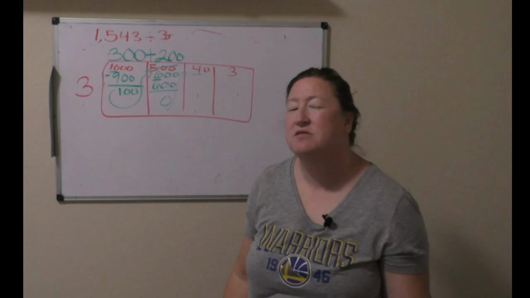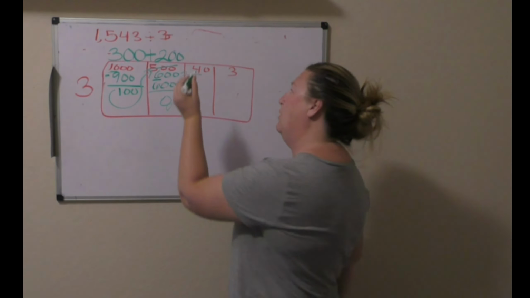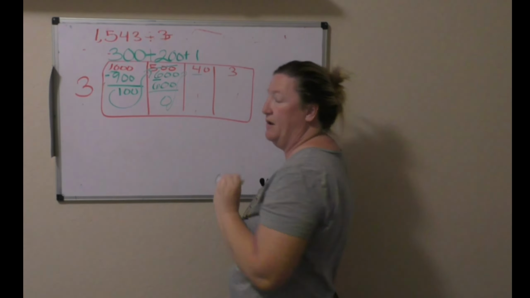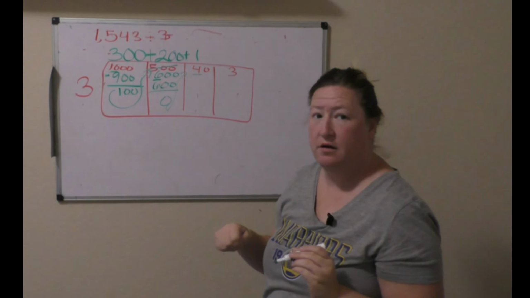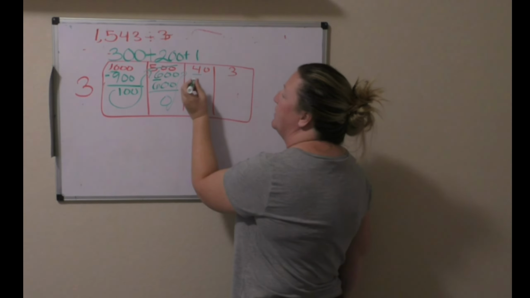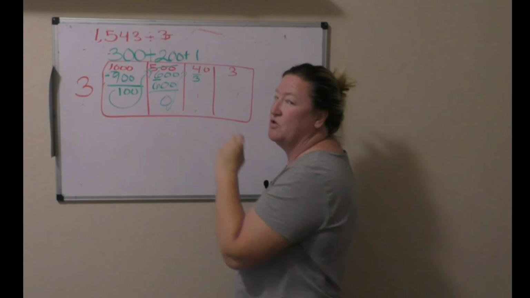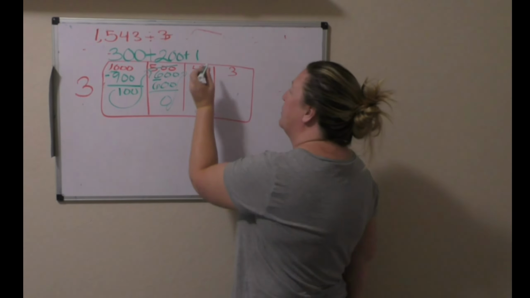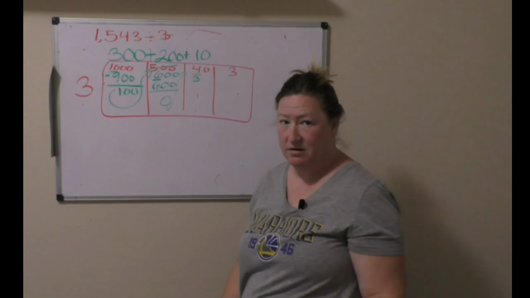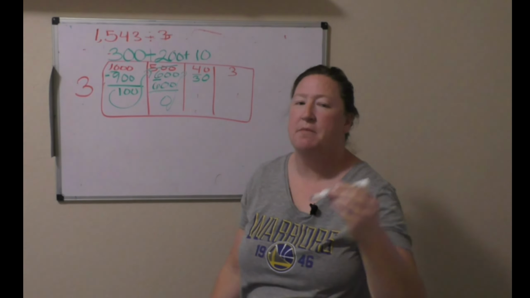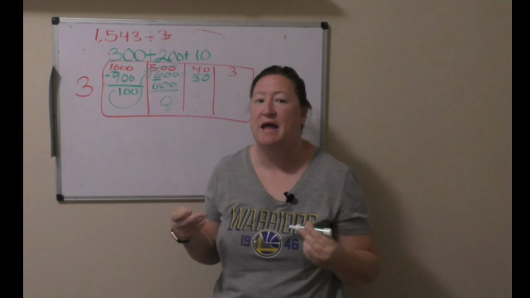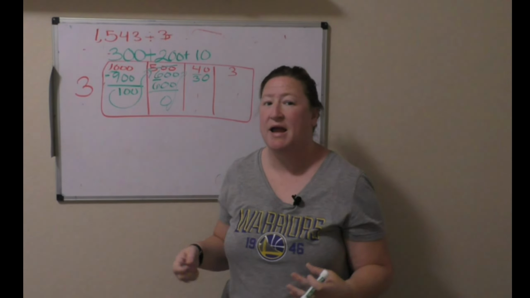I know that 3 goes into 4 one time. And if we're going to focus on that 40, 3 times 1 is 3. So that must mean that 3 times 10, because we're in the tens area, is 30. Remember, boys and girls, we were learning that if I'm multiplying by 10, I can add that 0.